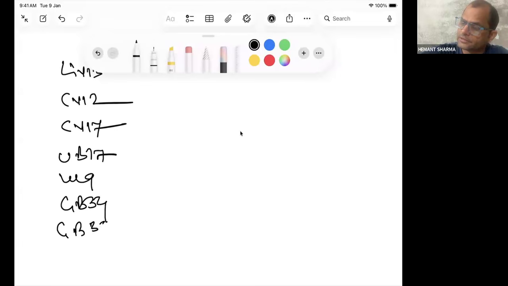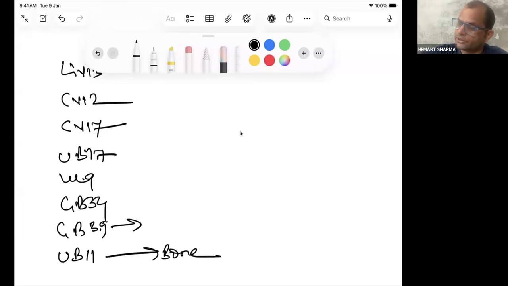Gallbladder 39, 1, 2, 3, 4, 5, 6, 7. एक कौन सा रह गया? लंग कौन सा छूटा? Which one? UB11. So UB11 for bone, gallbladder 39 for bone marrow.